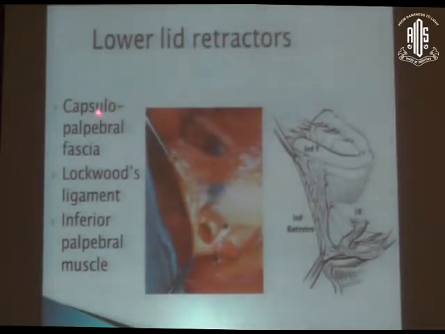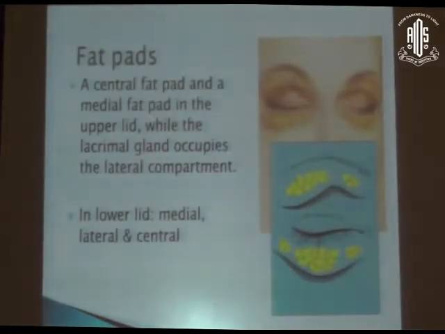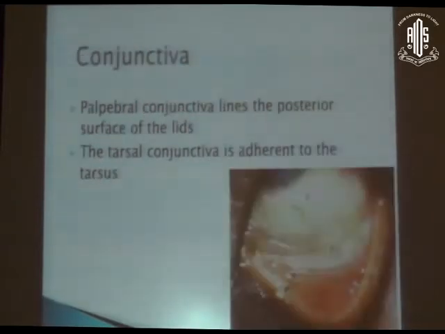Lower lid retractors are the capsulopalpebral fascia and the inferior palpebral muscle, but they are less well defined as compared to their analog in the upper lid, which is the LPS. Fat pads in the upper lid are the central fat pad and the medial fat pad. In the lower lid are the medial, lateral and central fat pads, again becoming a surgical landmark in surgeries to identify the elevators of the upper lid and retractors of the lower lid.